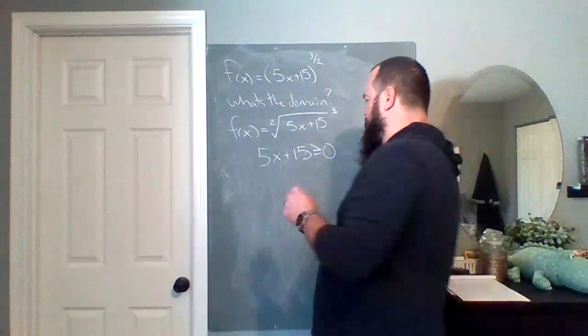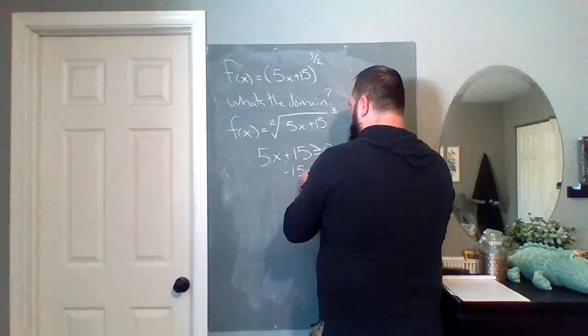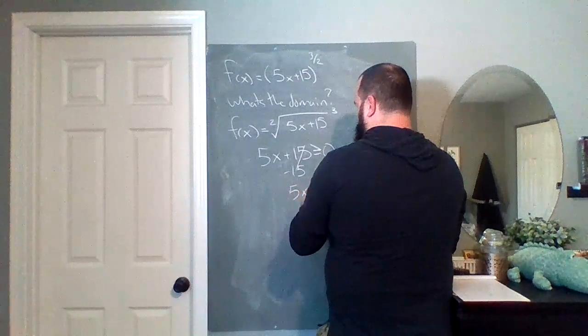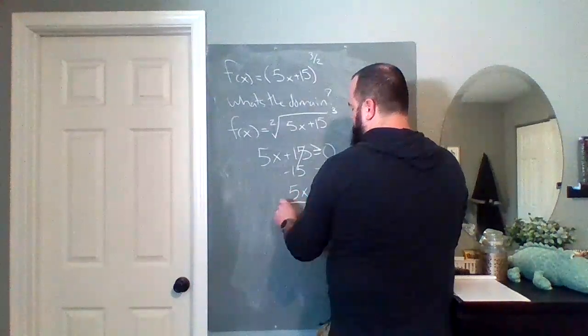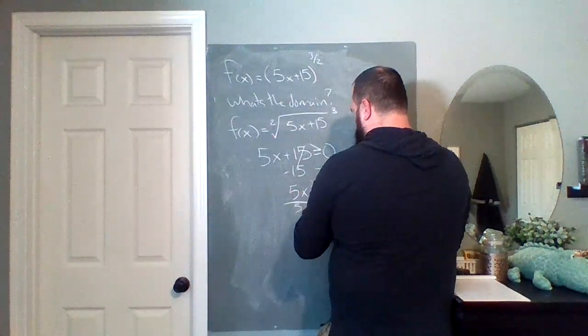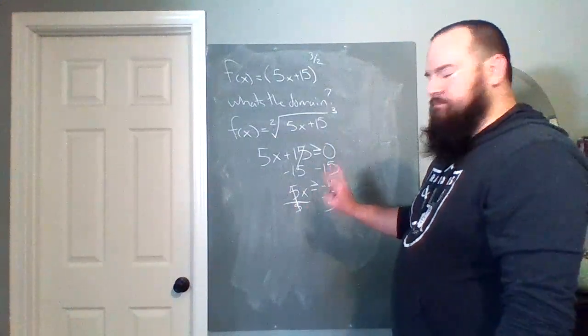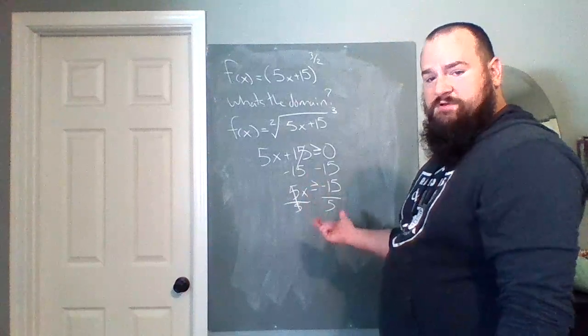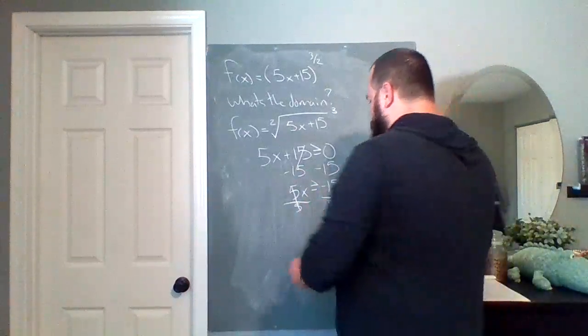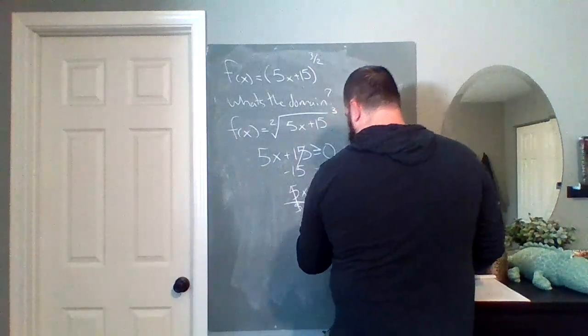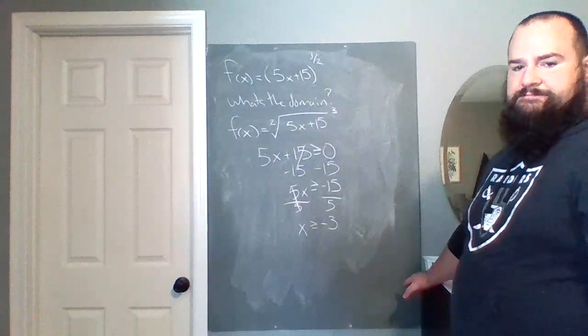So we're just going to subtract 15 from both sides. Get 5x greater than or equal to negative 15. Divide by 5. We only flip our inequality if we multiply or divide both sides by a negative number. Since we never did that, we're good. So we end up with x greater than or equal to negative 3.